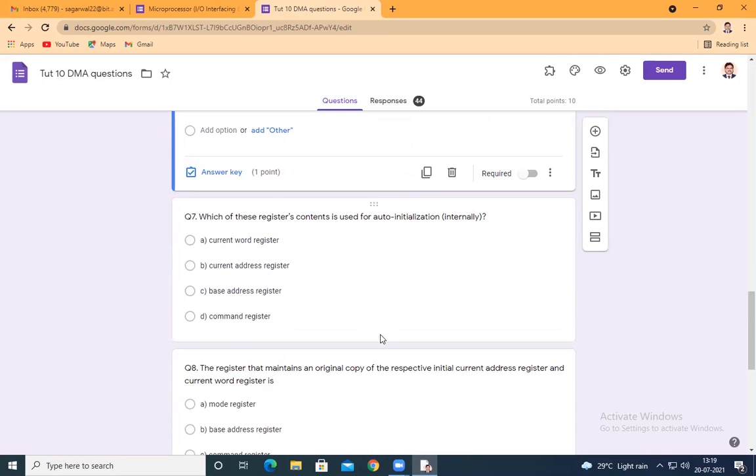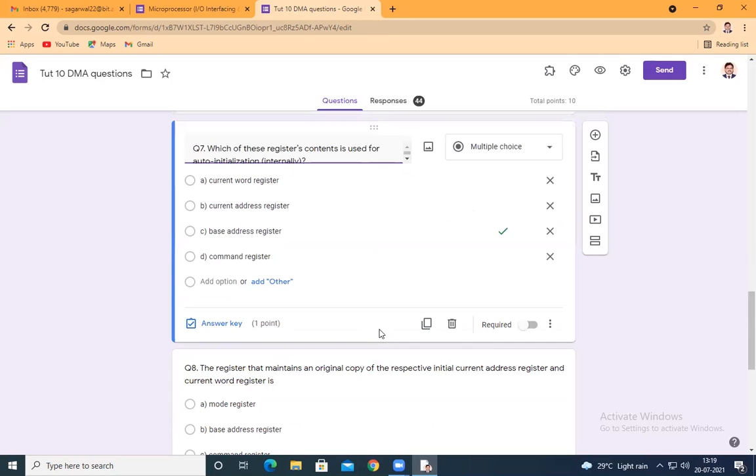It is the base address register, because when there is an auto initialization process, the content of the base address register is copied in the current address register.